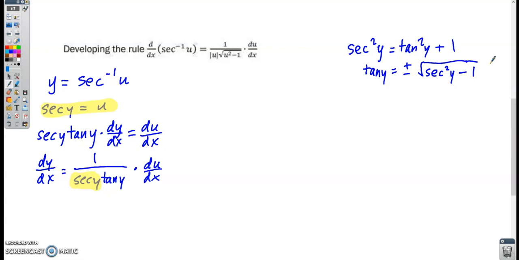And wherever tangent is negative, secant is also negative, which tells us that the product tangent of y times secant of y is always positive.